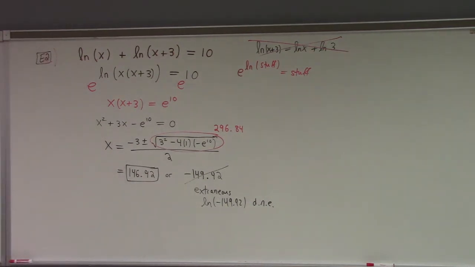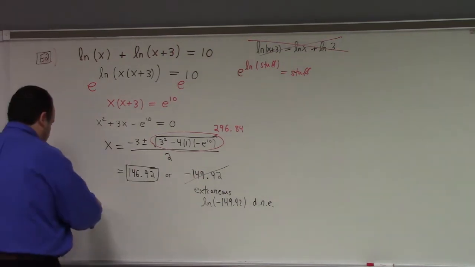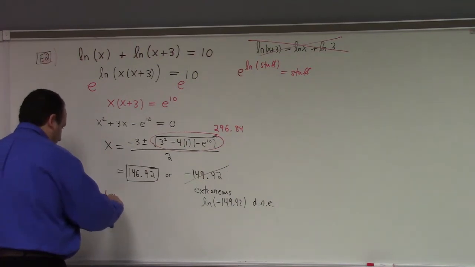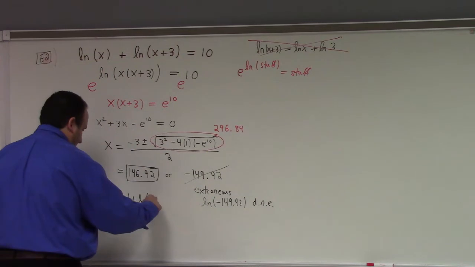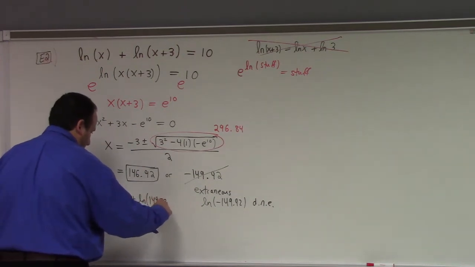You can try calculating the natural log of 146.92 plus the natural log of what? Add 3, right? So 149.92. I put that in my calculator, I add them, and if I take the natural log of 146.92 plus the natural log of 149.92, guess what I get?